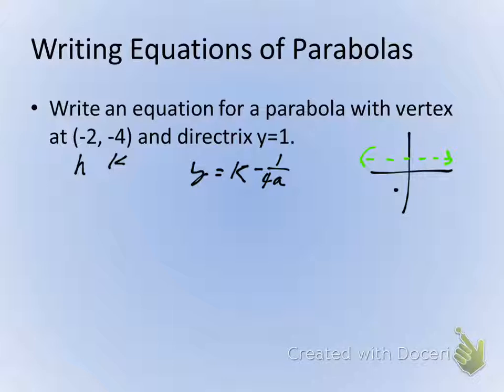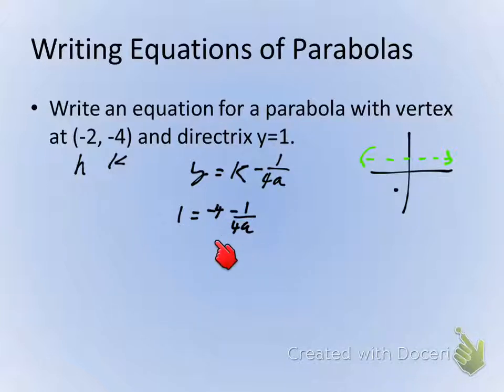Since it's y equals what I give you, you know that's the one you use. K is -4, minus 1 over 4a. We don't know what A is. This y is 1, because this formula for the directrix equals 1.